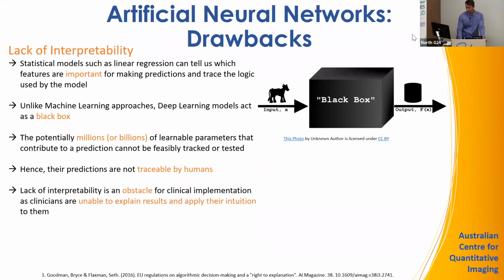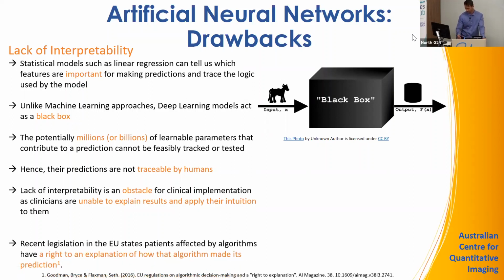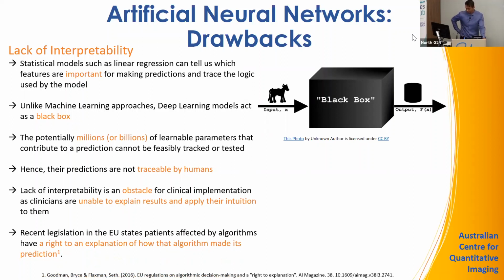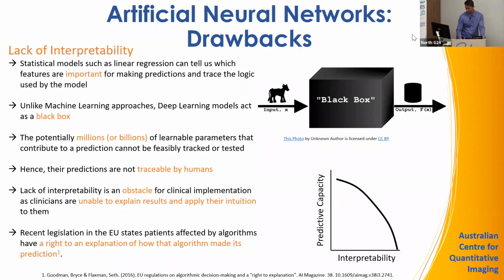And this lack of interpretability is an obstacle for clinical implementation, since clinicians are unable to explain the results and apply their intuition to why these results were generated. And a further issue is that legislation states that patients actually have a right to an explanation of how an algorithm made its choice, which is another hurdle for implementing these deep learning models.